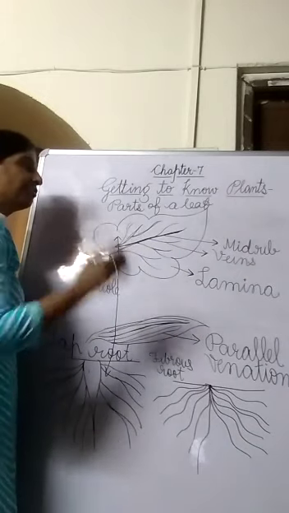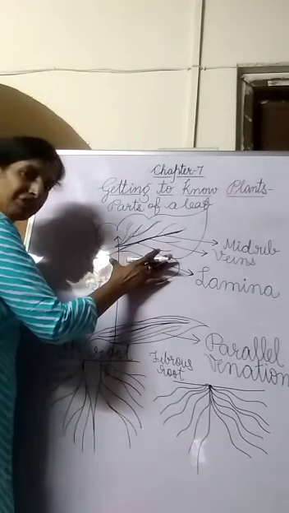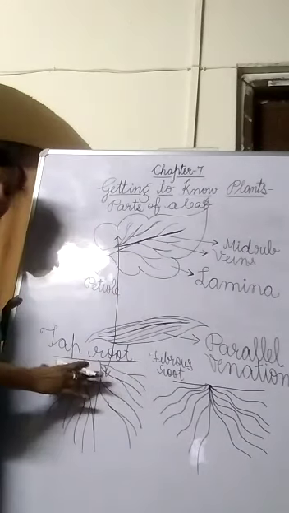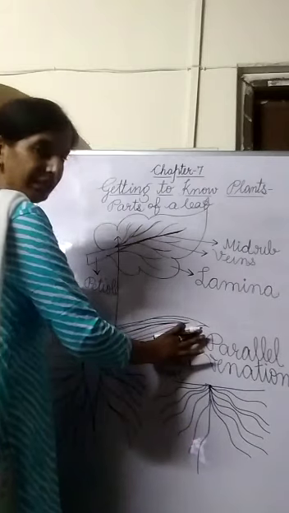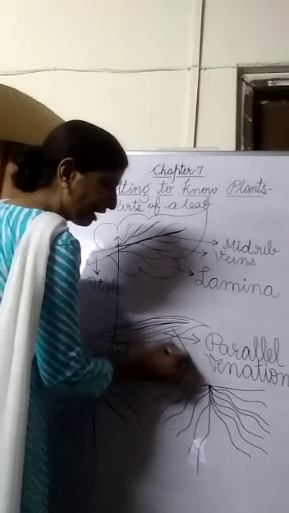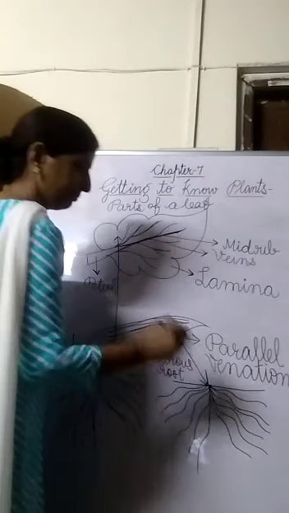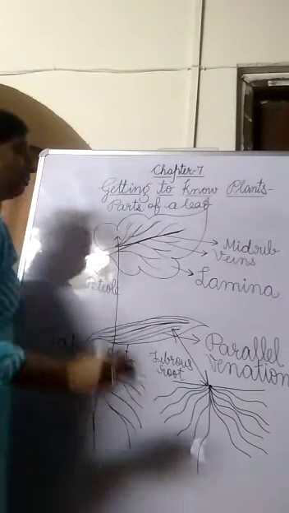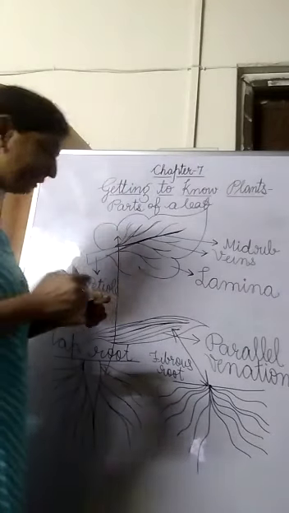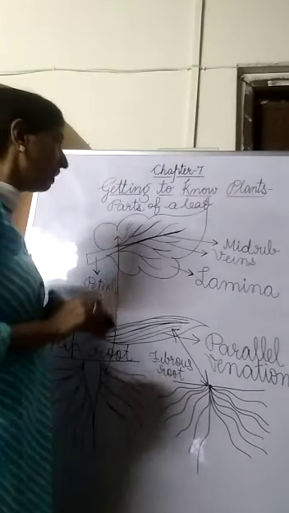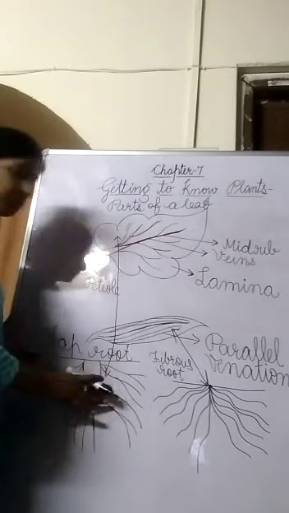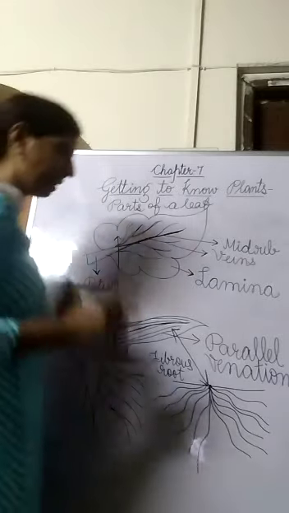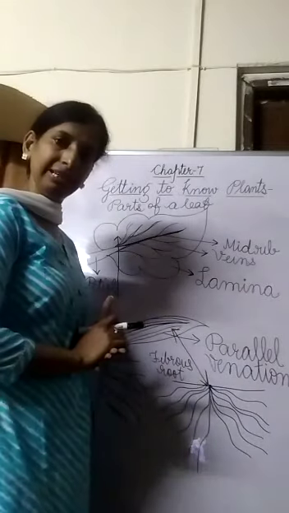The plants which have reticulate venation in their leaf have a taproot system, and the plants which have parallel venation have fibrous root. Right? This is very important that you must know.